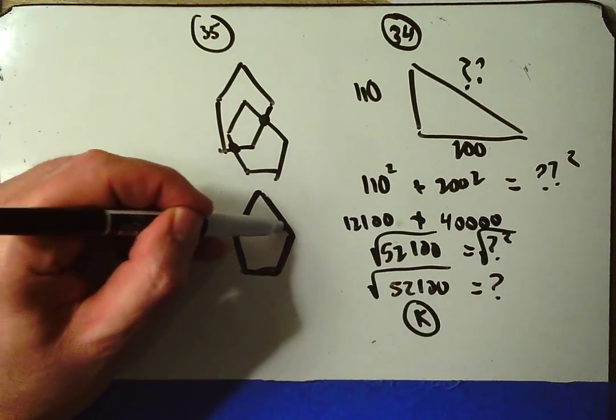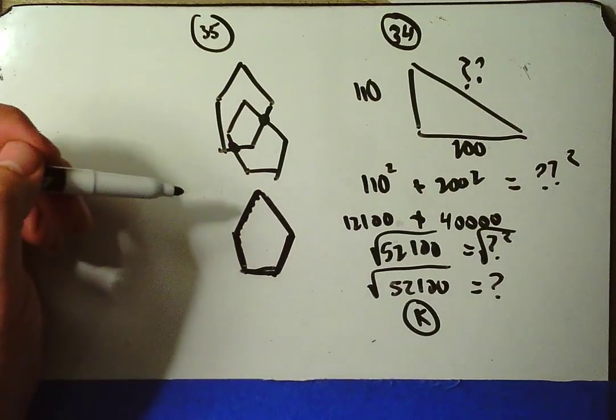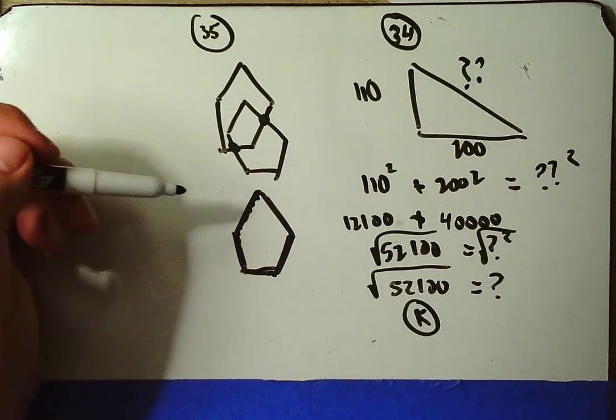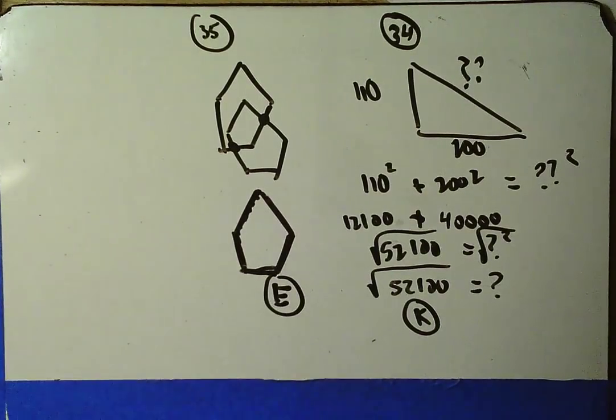They're going to touch at all these points. They're going to have an infinite number of points of contact. And so I'm going to say that E is my answer to 35. 35 would be E.